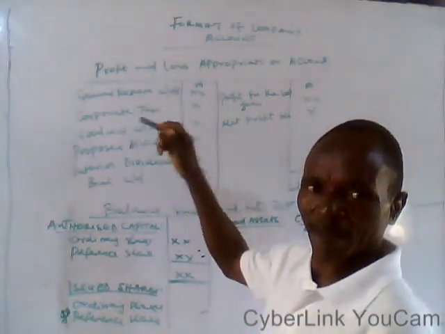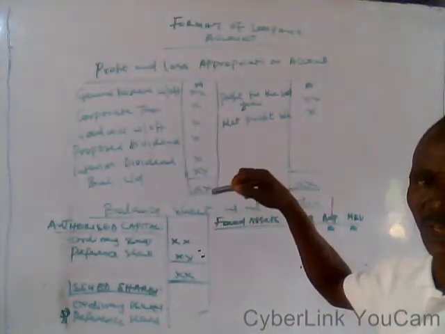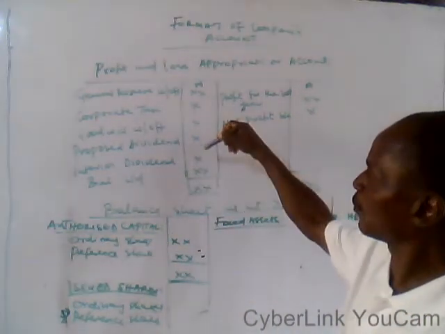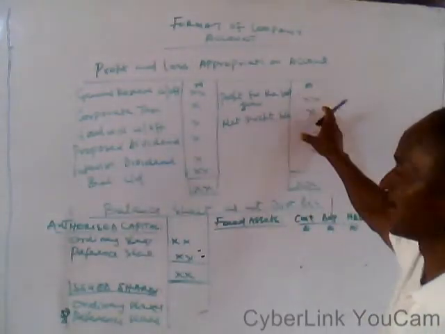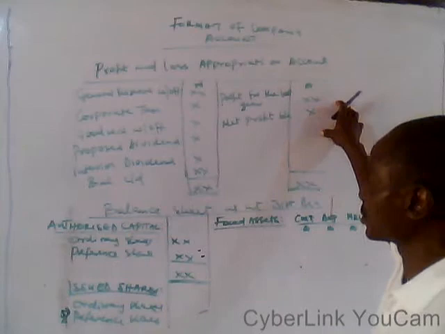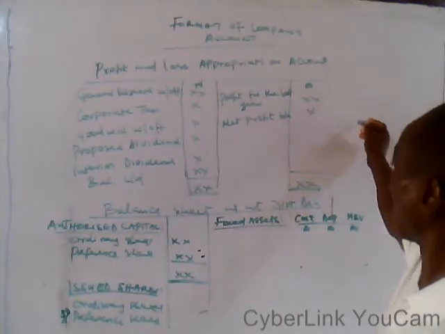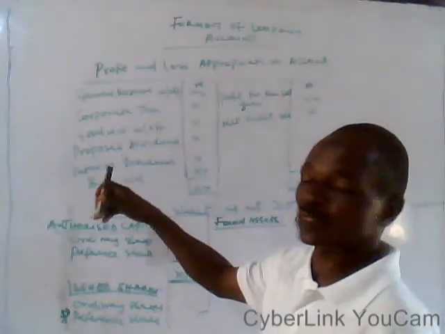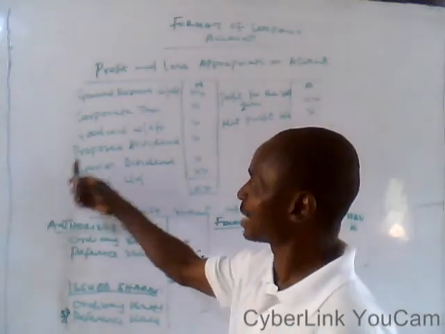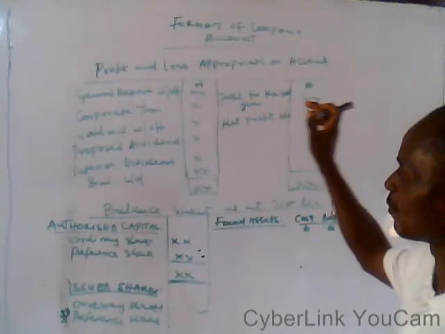After that, you less closing stock, and that gives us cost of goods sold on the expenses side. On the income side, we have sales less returns inward. Net sales minus cost of goods sold gives us the gross profit on the debit side of the trading profit and loss account.